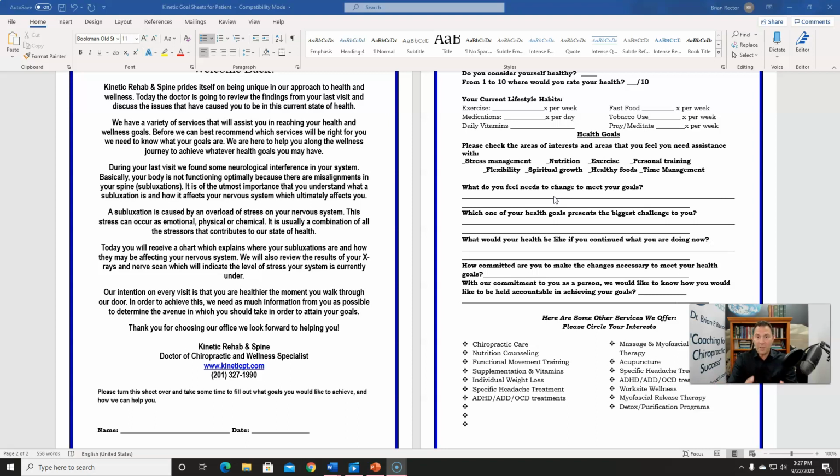They have to see the big picture here. So when we ask them what presents the biggest problem, that's a hurdle you must get over. If we don't address that, if we don't get through time, if we don't get through money, if we don't get through the spouse, they're not going to achieve their goals. So we, as a chiropractor or acupuncturist or physical therapist, have to have some form of guidance.